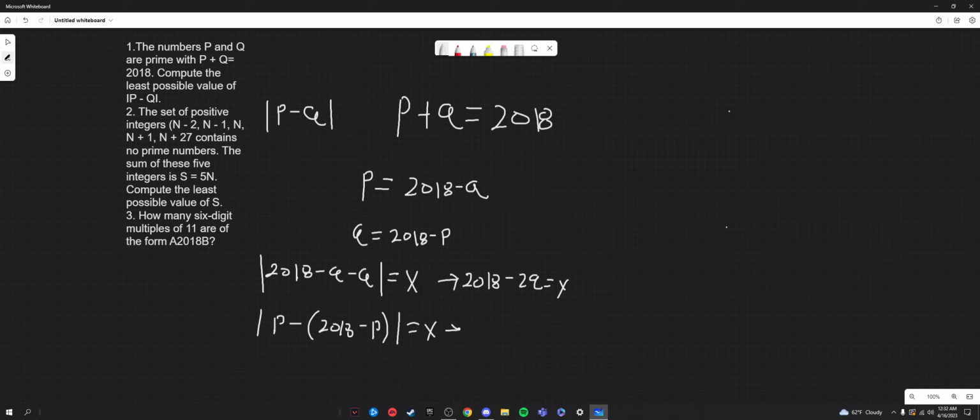Same thing here, we don't need the absolute value, x is positive, and we'll distribute this negative, so we'll have 2p minus 2018 equals x. So from here we're going to solve for our respective variables, p and q, to get 2 linear equations, and then we can go from there.